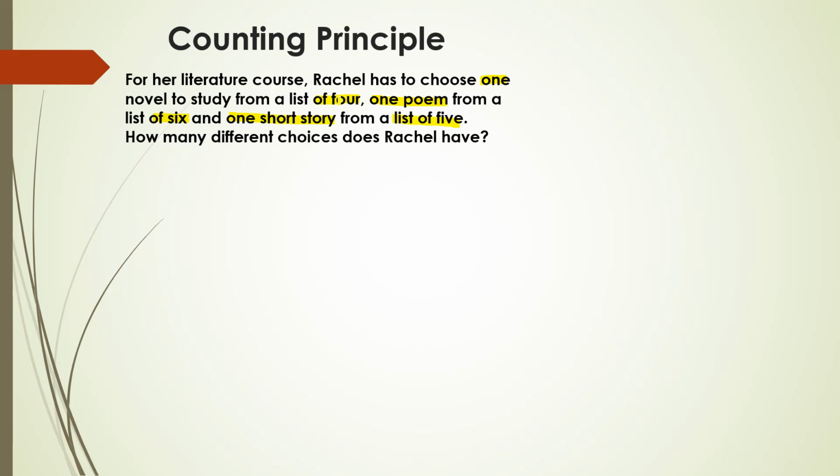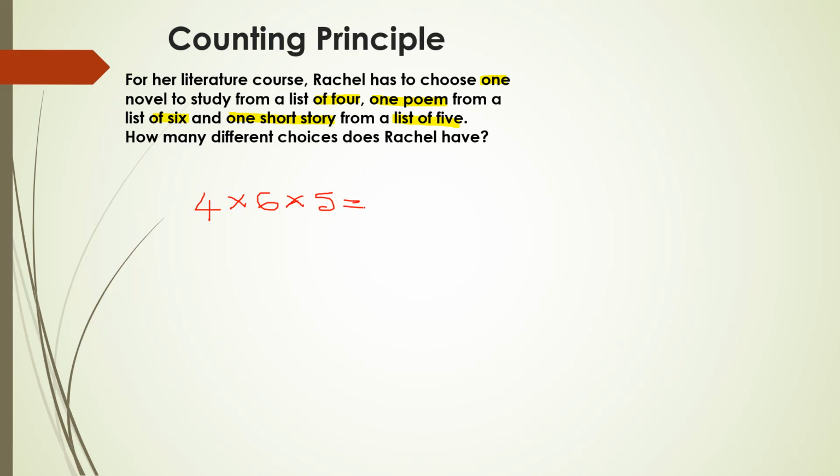She has a choice of 4 for the novel. Okay, she has 4 choices. Then her second choice is 1 of 6 poems and 1 short story out of a list of 5.